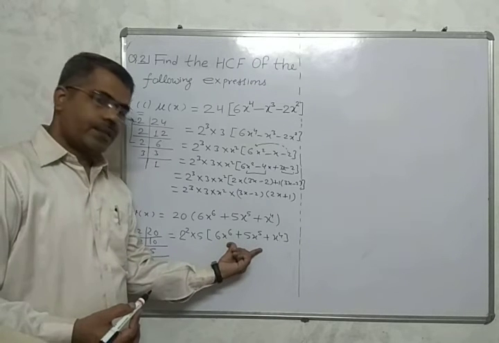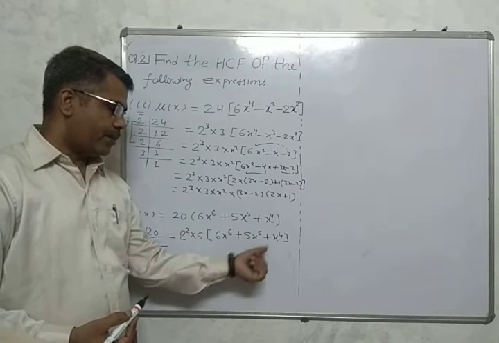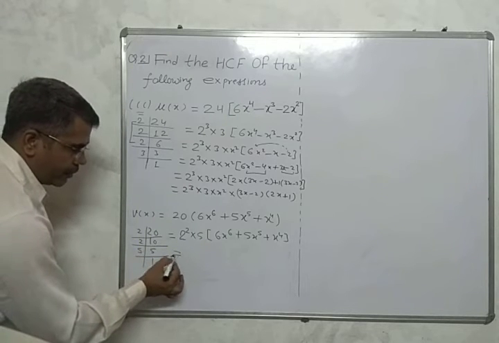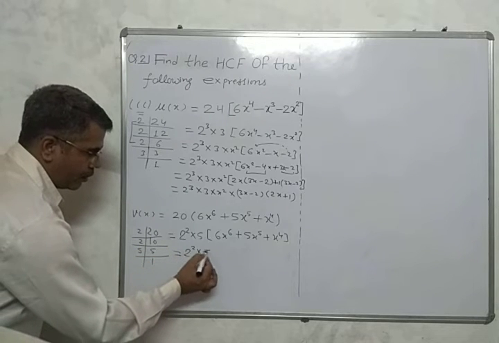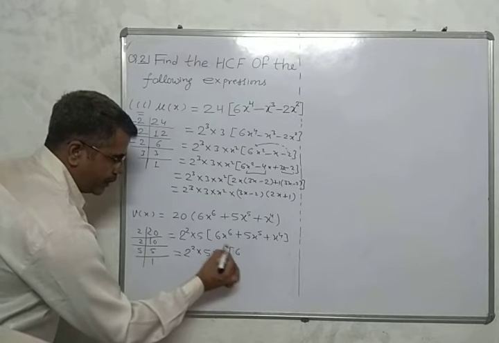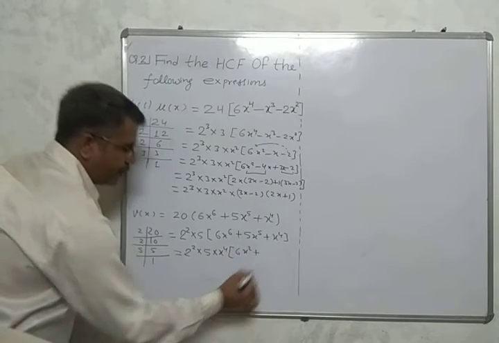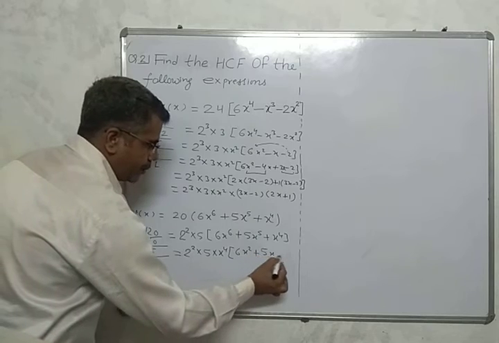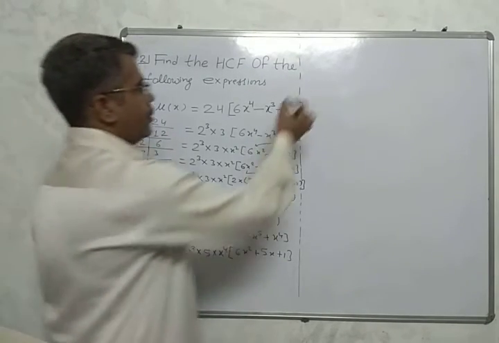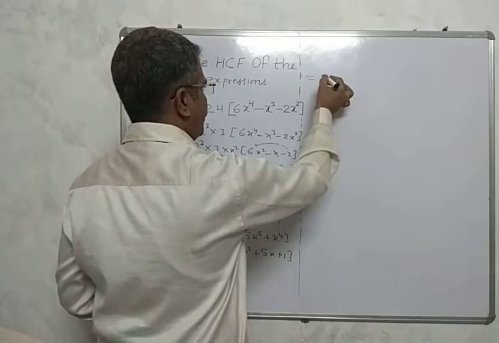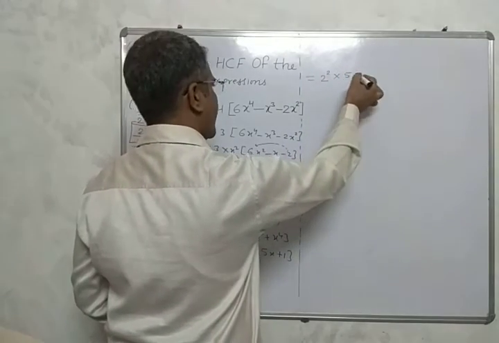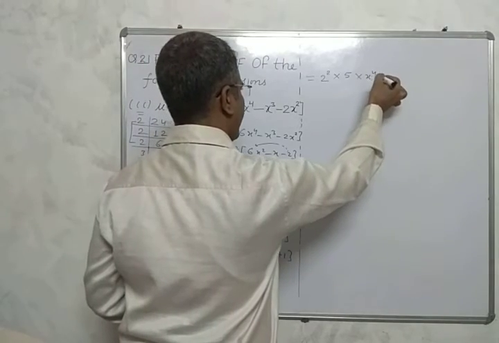If we look at this algebraic expression, we have x to the power 4 common in the whole. So we take x to the power 4 common, we get 6x square plus 5x plus 1. Again we write 2 to the power 2 as it is and 5 as it is, x to the power 4 as it is.